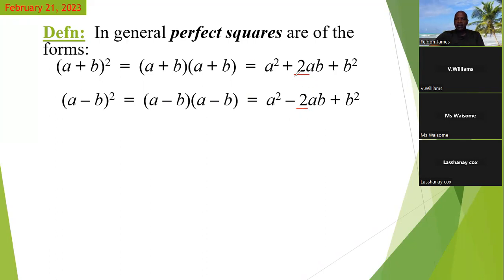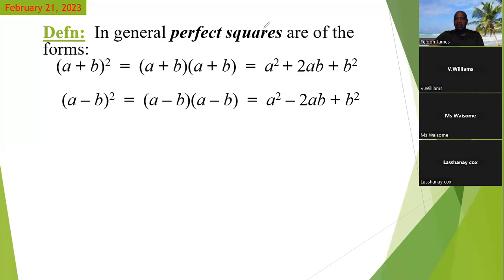Now, even though we are able to see this 2 very clearly in these two forms, it won't be so obvious for all perfect squares where in the middle term you would see a 2, all right? Because based on what the middle term is, sometimes it can multiply with some other number where you don't actually see a 2, and that's where it becomes tricky.